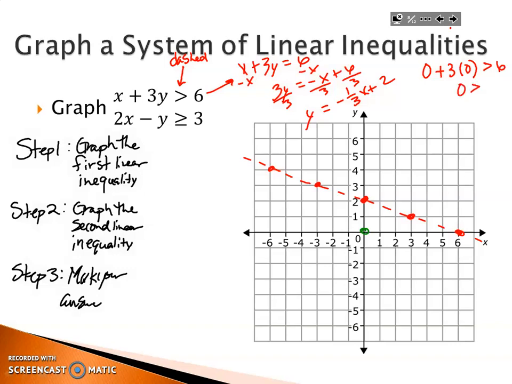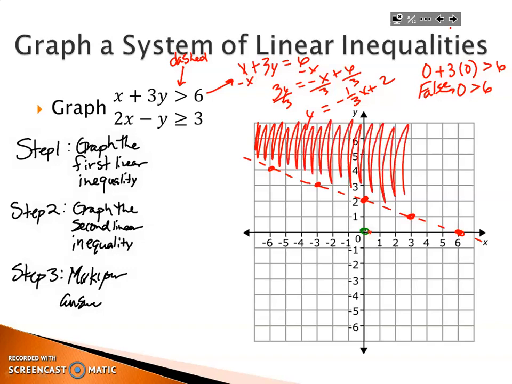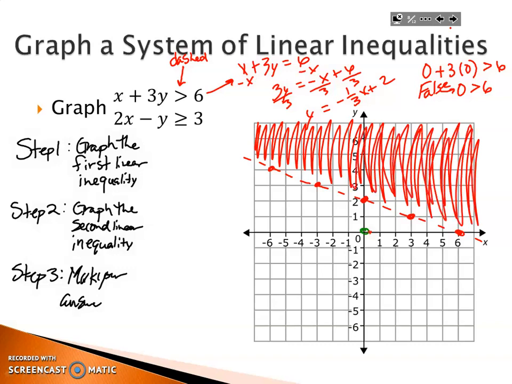So 0 is greater than 6. Is that true? Is 0 greater than 6? No. So that's false. Remember, if we get a false statement, we're going to shade away from the test point. So since my test point's down here, I'm going to shade up top. I'm going to shade this whole section up top.